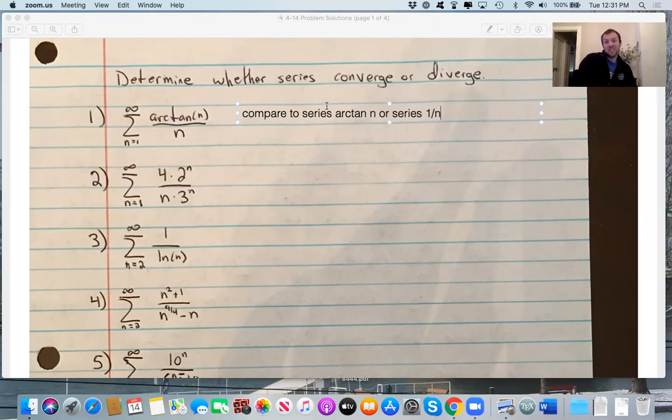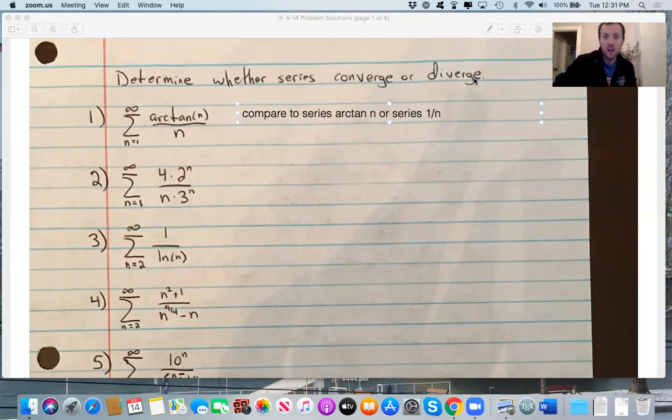And one thing is that if you pick something to compare it to and you figure out that it's not actually that good of a comparison, then you can try something else. So in this case, what turns out to be better is the 1 over n.